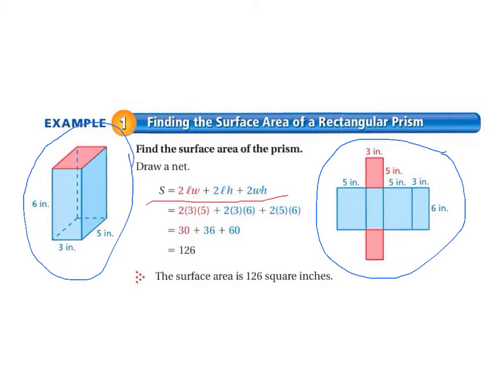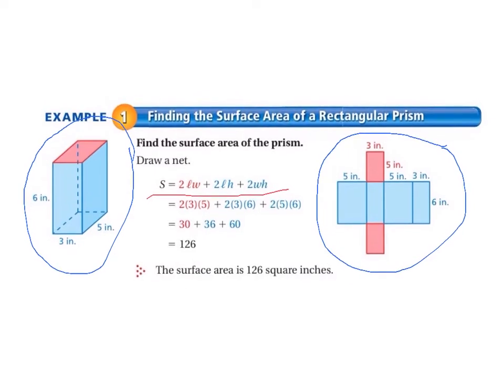So we have our length, which is the 3 inches. We have our height over here, 6 inches, and then we have the width, 5 inches. And now if we look over at our net, we have our length and our width and height.